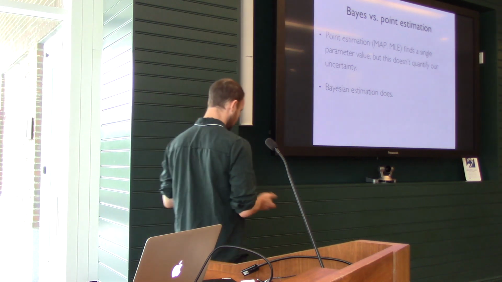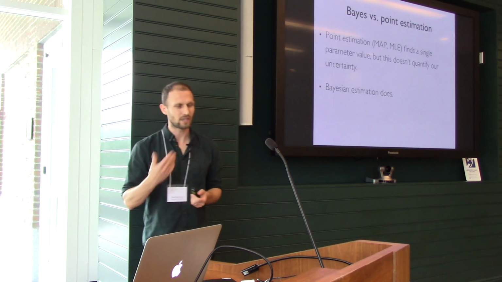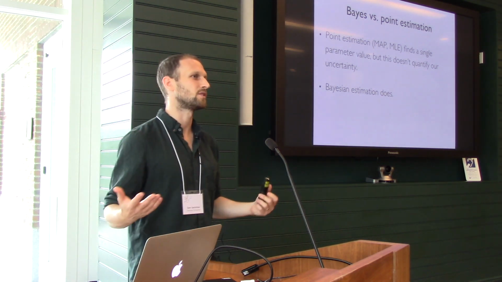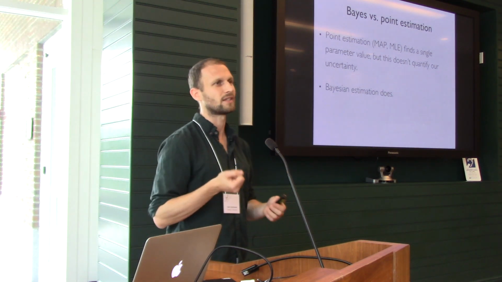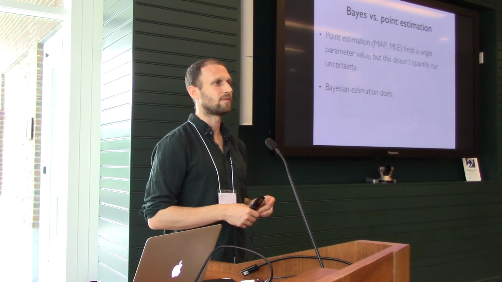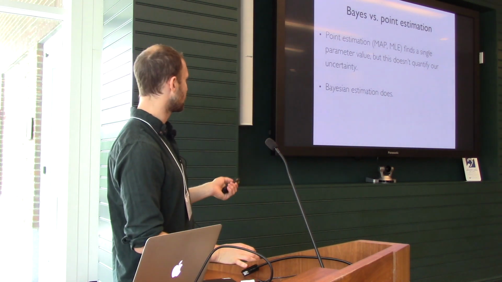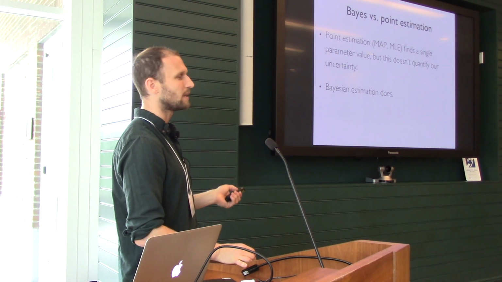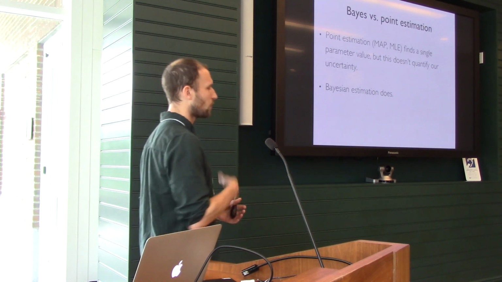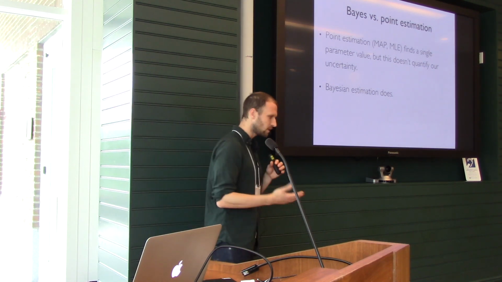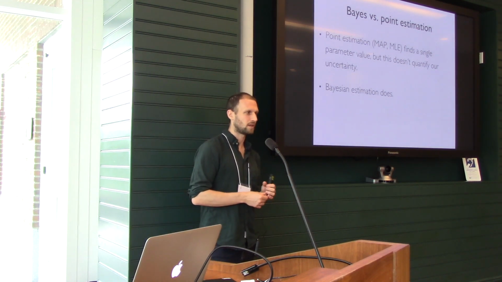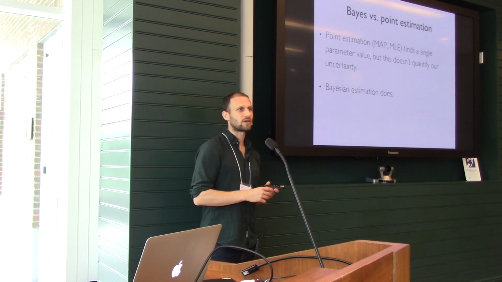Now, MAP estimation does this kind of regularization in a point estimation framework, so it will constrain your point estimates to be within some preferable region of the parameter space. Bayesian estimation does that too, but now you're estimating an entire distribution. So why would you want a distribution relative to a point estimate, assuming both of them are doing some kind of regularization?